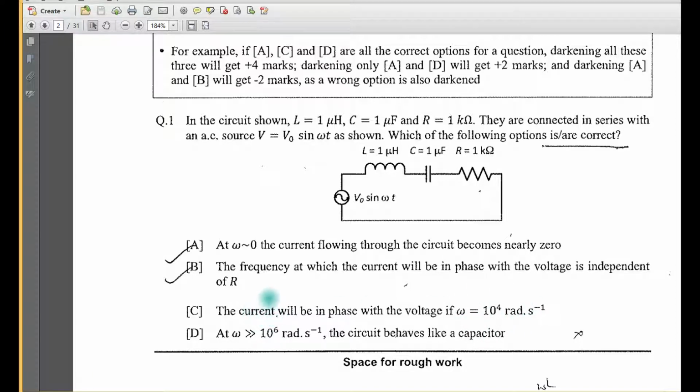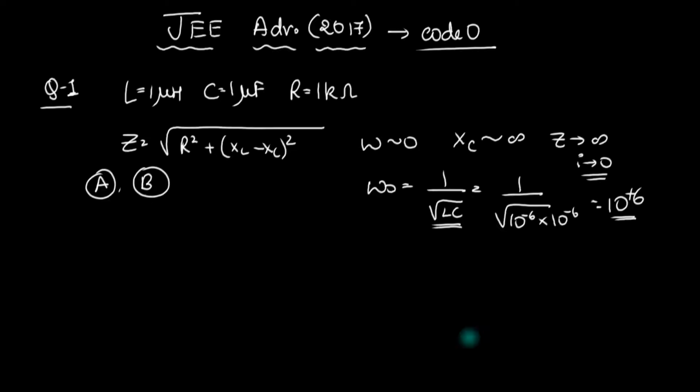So this is wrong. And lastly, we have at omega much bigger than 10 to the power 6, the circuit behaves like a capacitor. What does that mean? Well, we just have to check which one dominates. 10 to the power 6 is that resonant frequency, alright? So if omega is much bigger than 10 to the power 6, then XL is much bigger than XC.